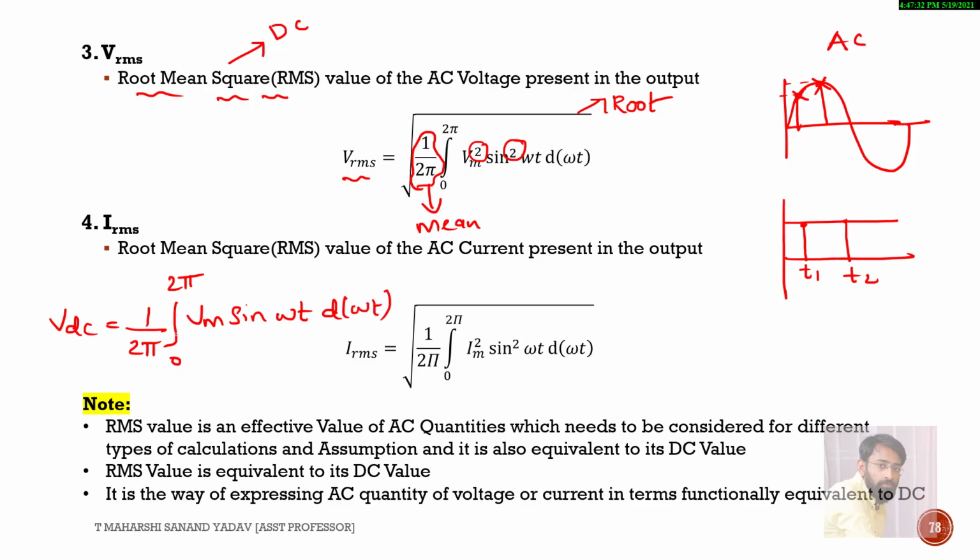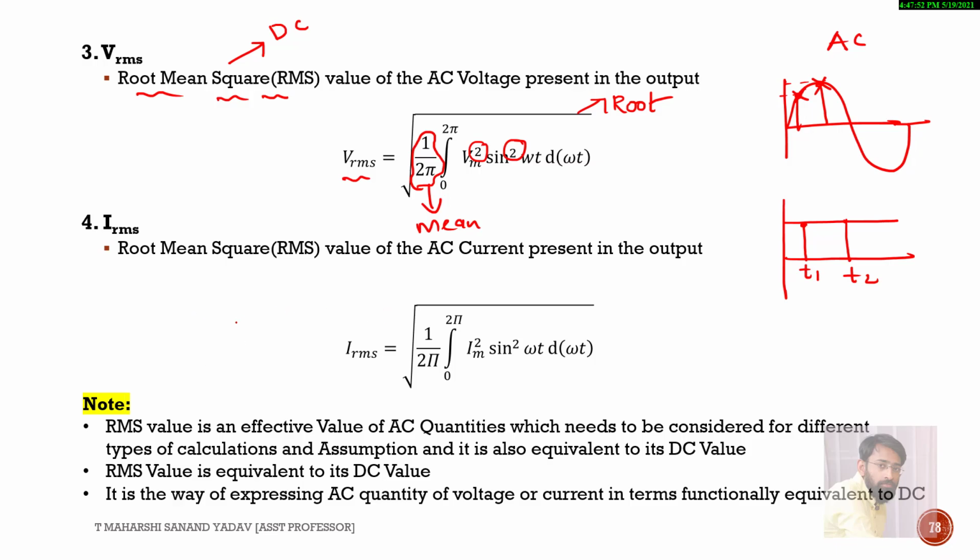Here also it is the same thing, but the change is root mean square. So instead of VDC, now it becomes VRMS. So root mean is there, and the next left out thing is square. This is about root mean square in order to calculate the voltage.